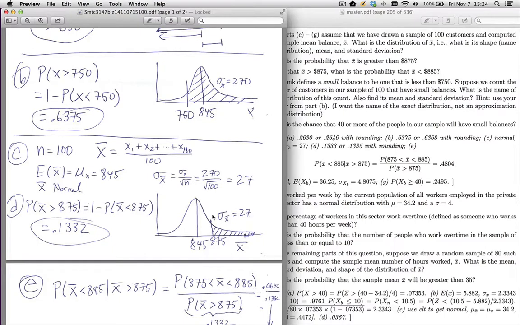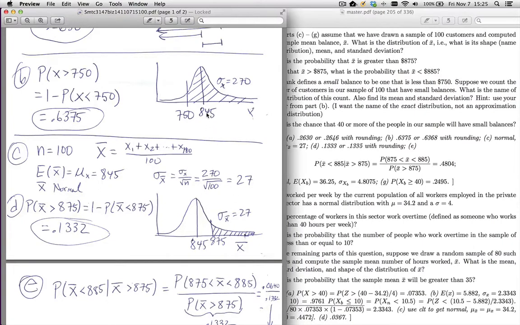And then what is the shape? The shape is normal. The reason we know it's normal is because of what I call the normal theorem. If you sample from a population that's normal, the distributions of x bar and totals will also be exactly normal. The central limit theorem tells us something really similar in that the distribution of x bar sampled from any distribution is going to be approximately normal.